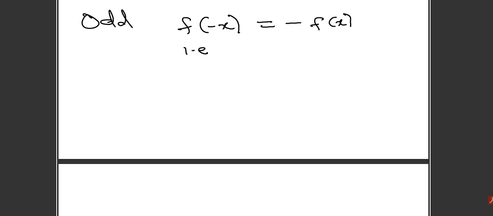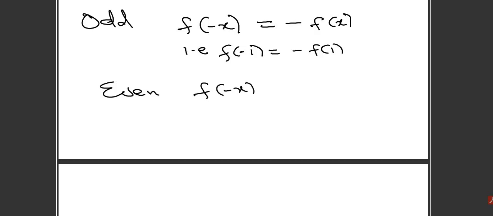How do you know the number is part of the domain? When we put the number in the function, it's not going to give us an error on the calculator or in our solving. It has an outcome. So you can use any number. We're just saying f of -1 should be the same as negative f of 1, something like this, meaning the function is odd. Then we say the function is even if f of negative x is the same as f of x.